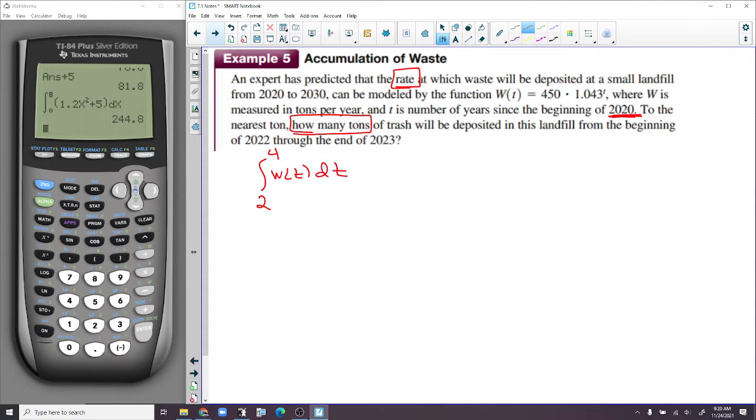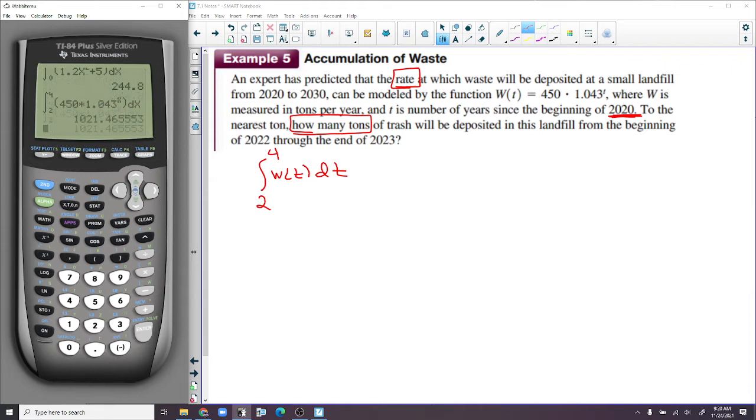So let's get the answer. Math number 9, 2 to 4 of 450 times 1.043 to the t dt. We're going to use x's here.